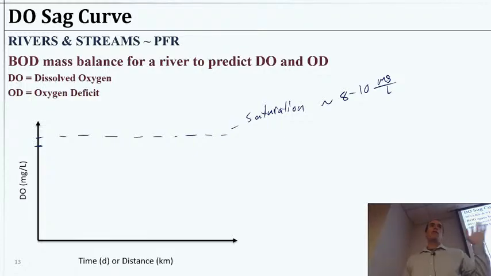So it shouldn't have an immediate impact, but as the BOD starts being degraded, we will start having some dip in our oxygen. And then what we'll see is the BOD going away, if we look back on our plots earlier, and oxygen re-entering the water from natural aeration processes.